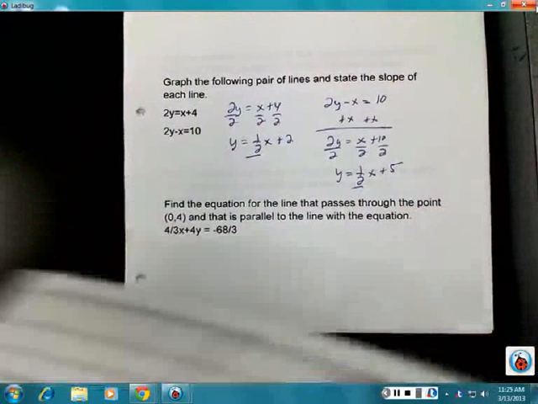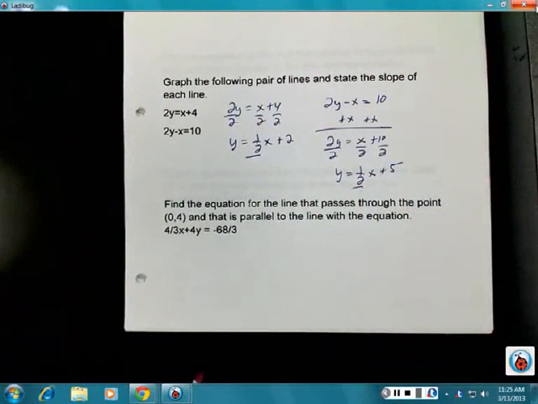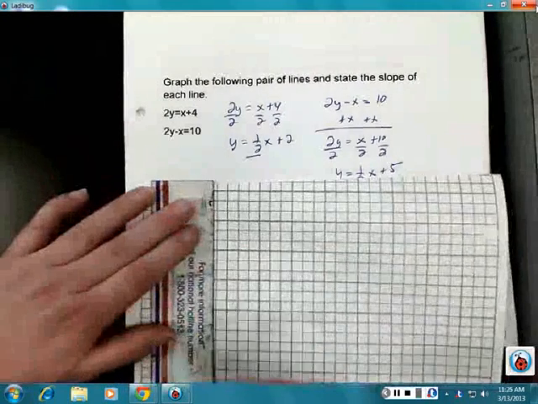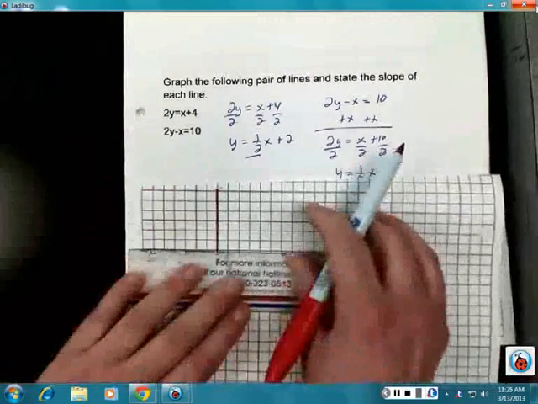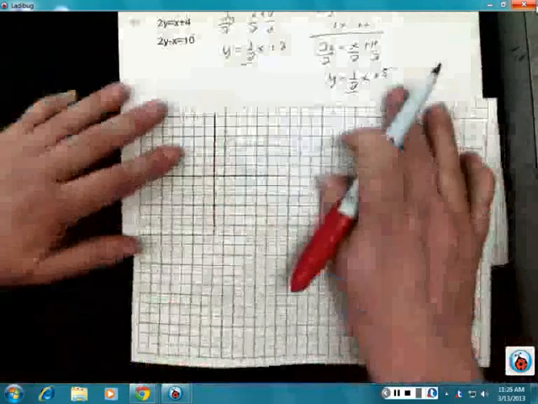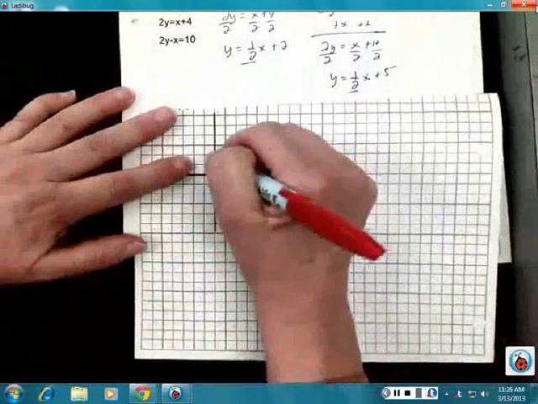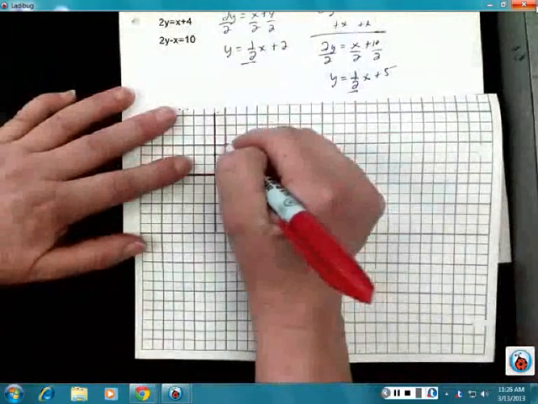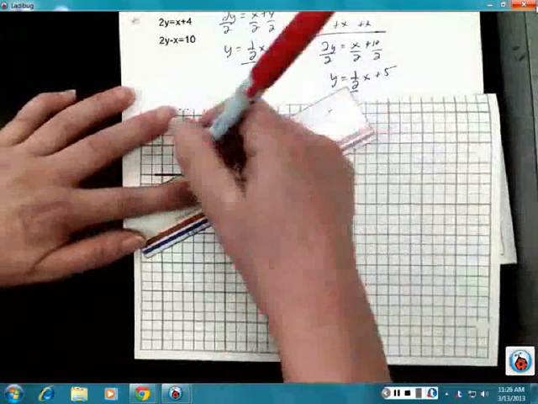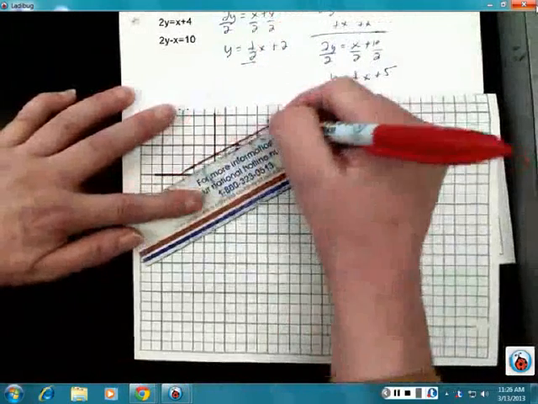So if I graph that one, and here, what will I end up with? Well, if I graph this one, I'm going to be up at 2. Slope says rise 1 and run 2. That rise and run really helps me out a lot with my graphing, so I can get it done a lot faster.